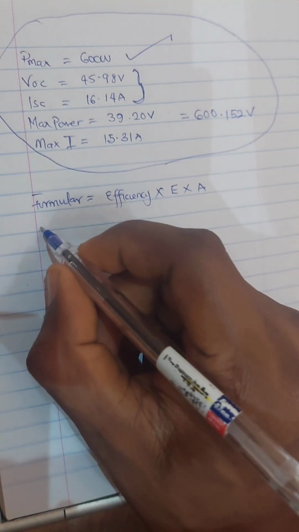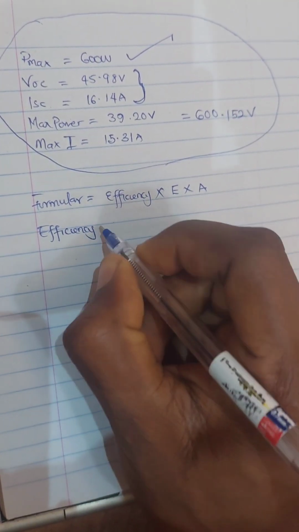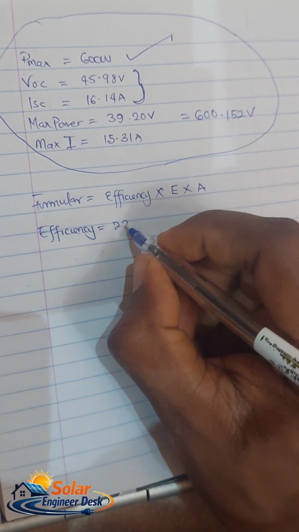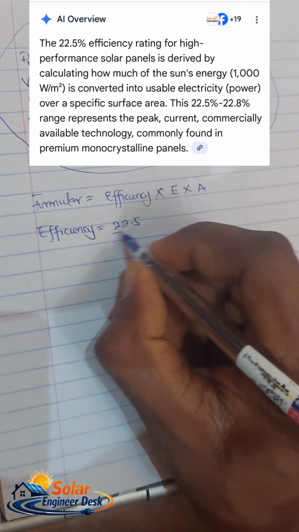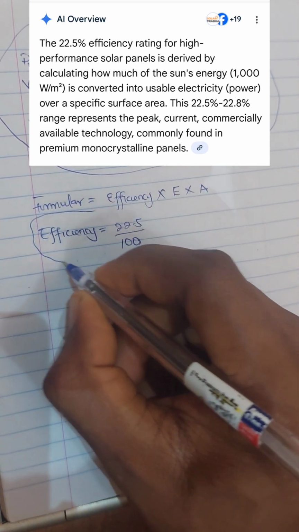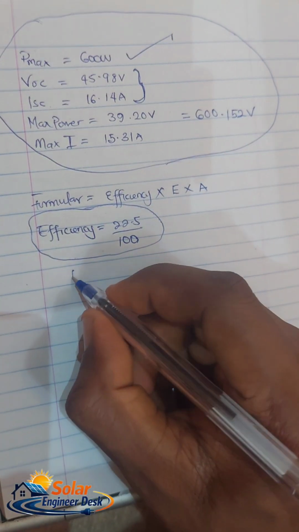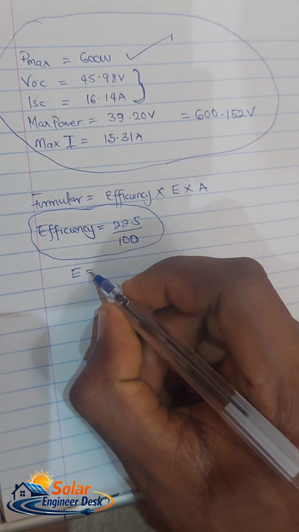So the default efficiency of solar panels is 22.5 over 100. This is constant.